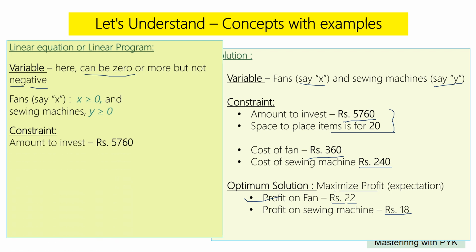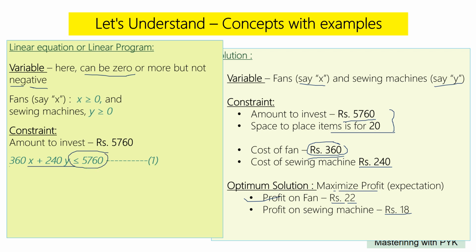Constraint, amount to invest: the cost of a fan is 360, so if we purchase x fans it will be 360 multiplied by x, plus 240 multiplied by y for the sewing machines. It should not cross the investment of 5760.